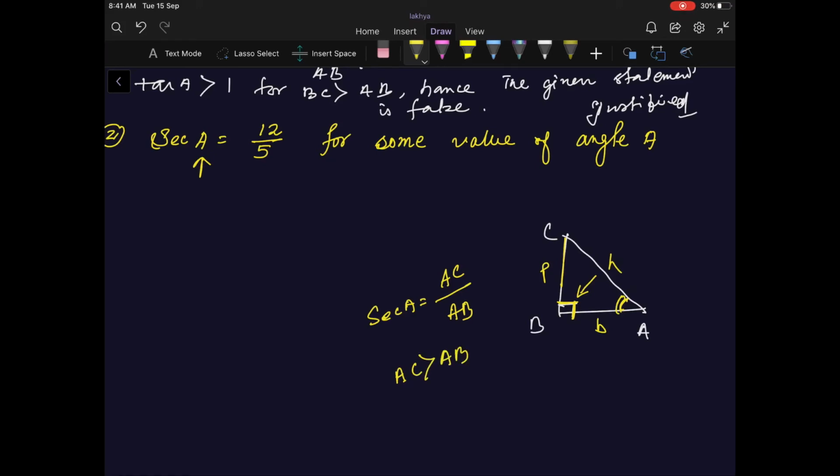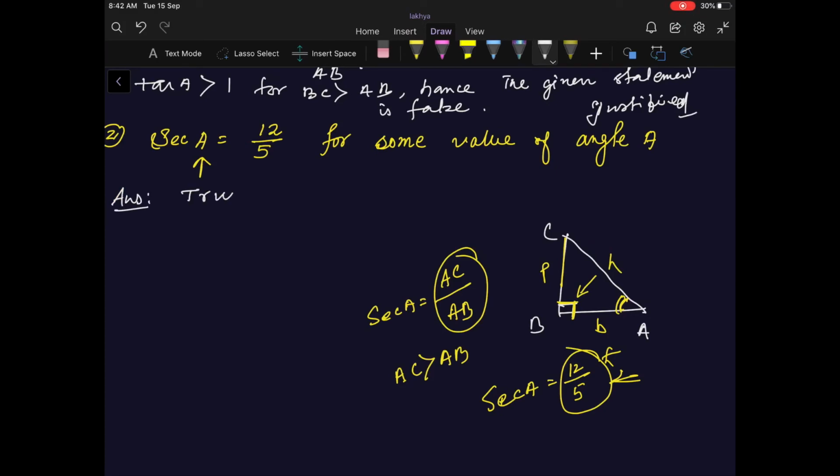Here sec A is equal to 12 by 5 is given. If you compare this with AC by AB, you can see AC is greater than AB, so it is a possible case. That's why this is true.